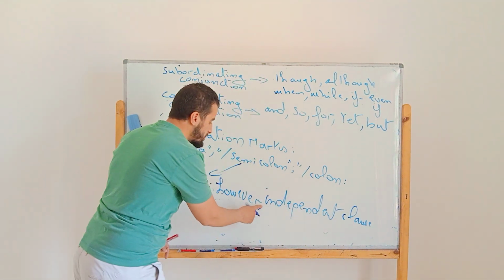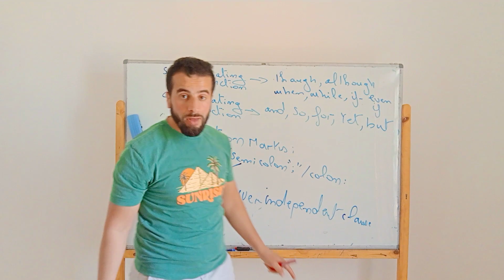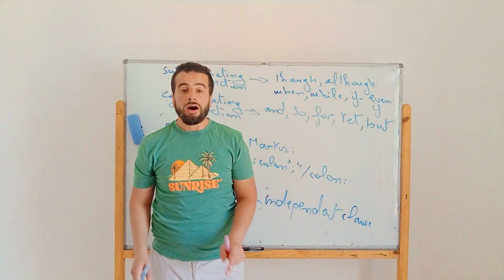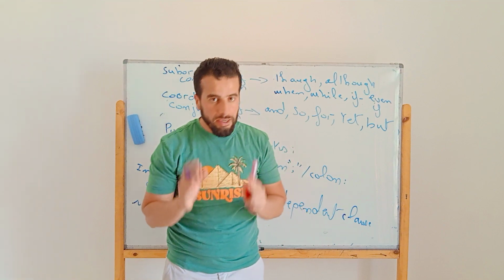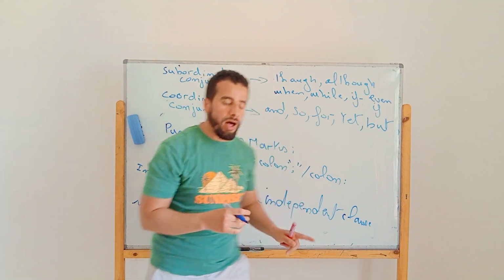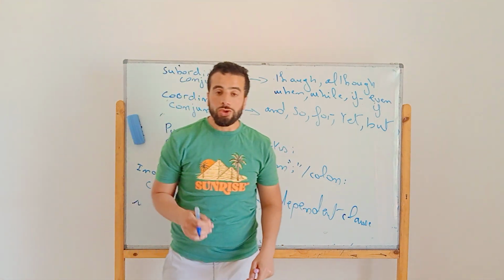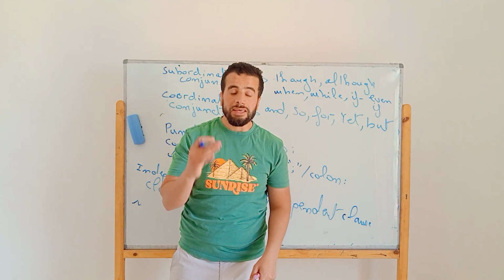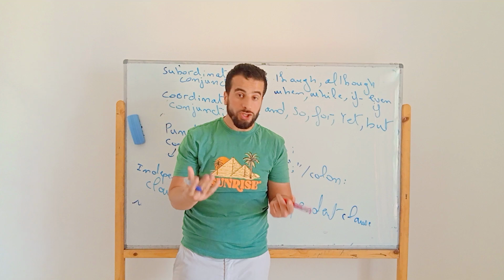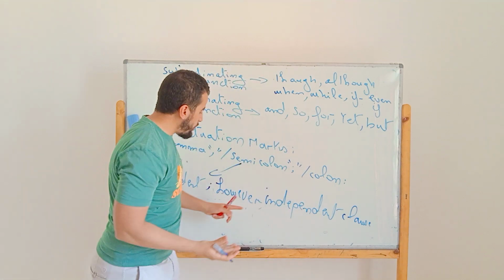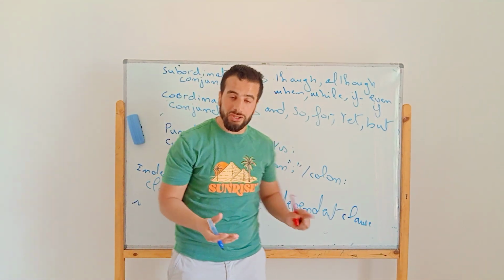But if we don't put a comma here, we are referring to what? Contrast ideas. If we don't put the comma after however, here you are functioning as a contrast, like but. So however means but in this situation.